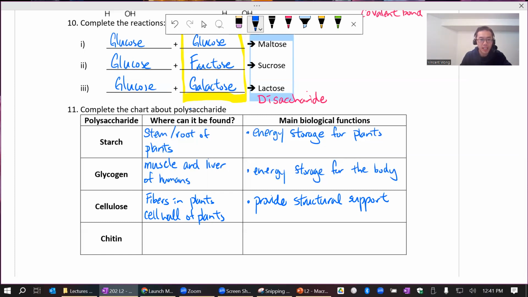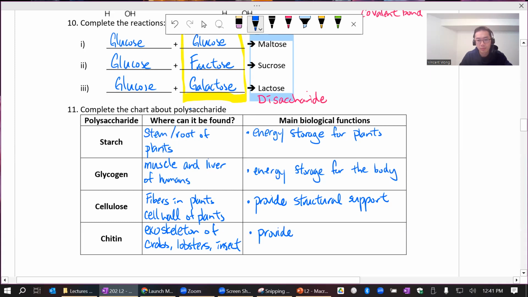Last but not least, we have chitin, and you will find it in the exoskeleton of things like crabs, right? Anything that has a shell, lobster, insects in some cases, if they have a hard exterior. And again, it's to provide protection.